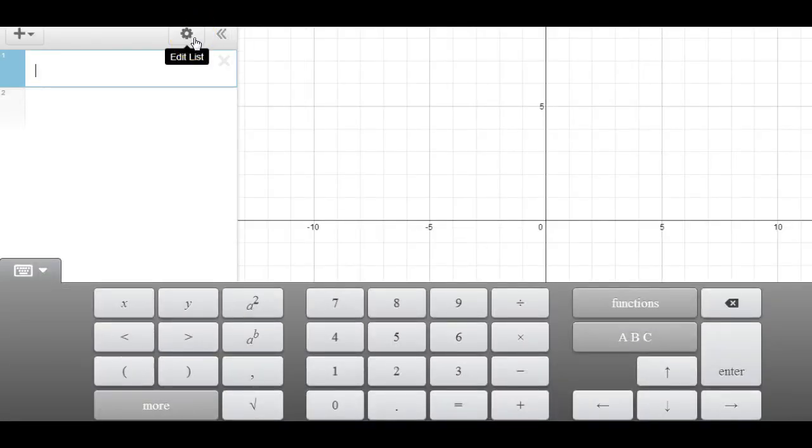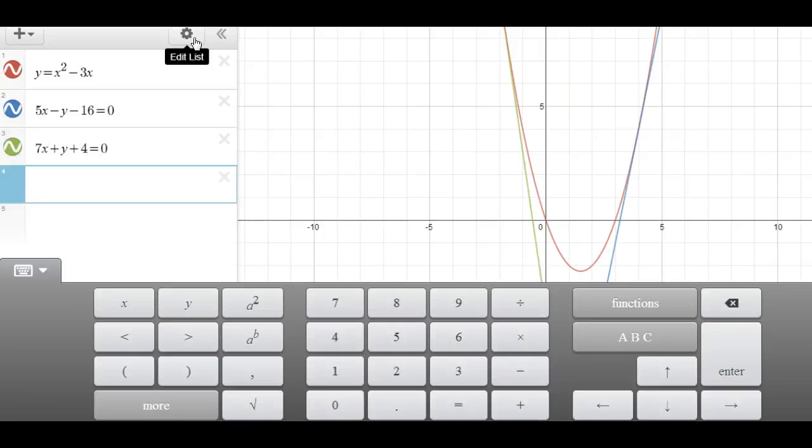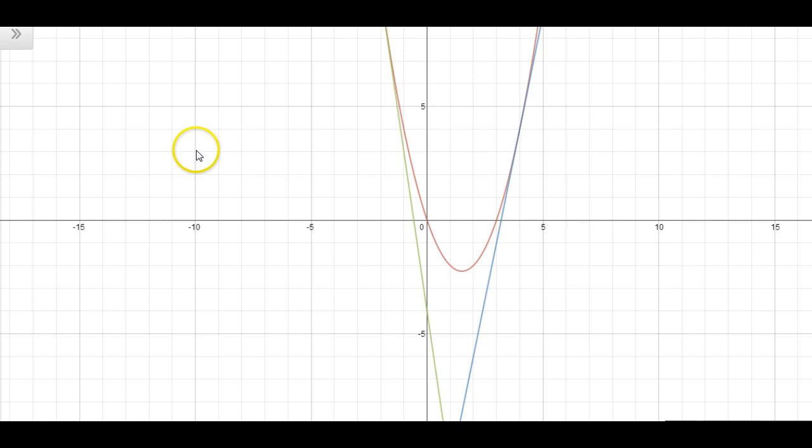Okay, so what was it? y equals. So that was our graph. What was the other one? We got 5x minus y. And we had 7x. Hey, that's pretty good.